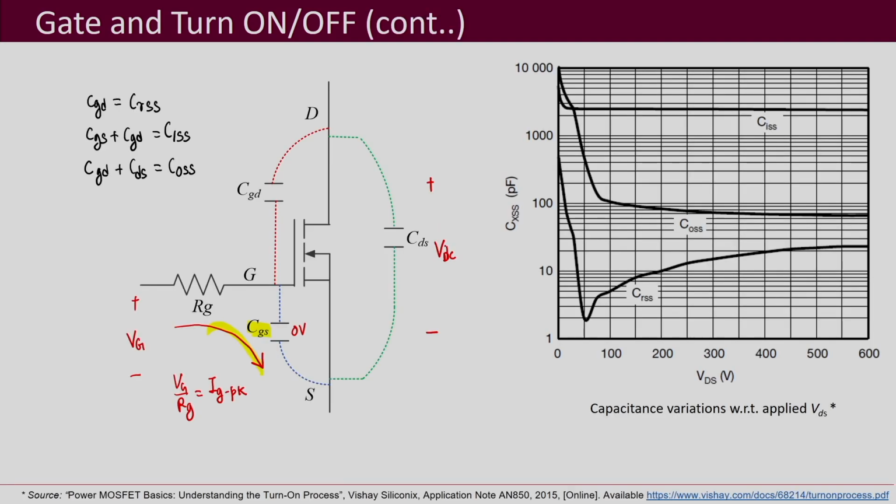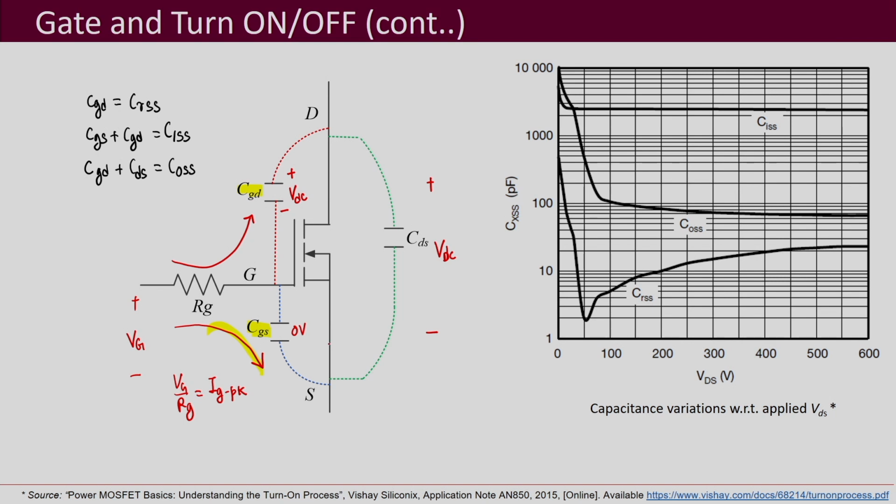So this VDC is what appears across this, is what this CGD was having as the initial voltage. Okay. Now what happens is that as this capacitor starts to discharge from that VDC, your current flows through this, in this direction, and it discharges this capacitor CGD.